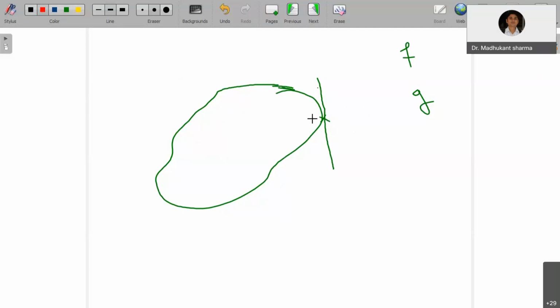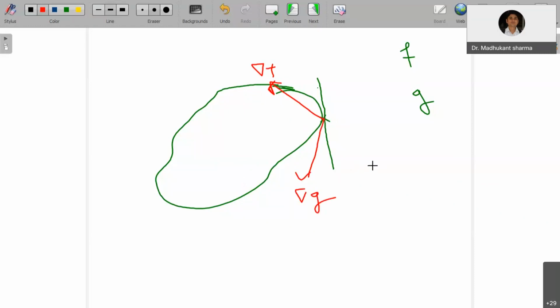So if you consider this is a part of the surface F, then it is orthogonal to that normal, grad F. Because this is also a part of the G surface, it is also orthogonal to the normal, that is, grad G.